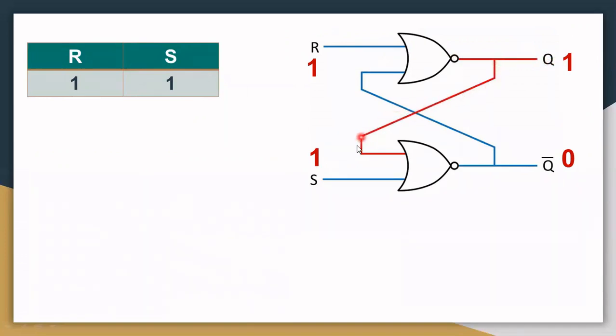Suddenly, this Q comes here, 0 and 1, 1 here. 1 here means it's inverted to 0. That means suddenly Q dash is equal to 0. It is fed to here, 0 and 1, 1 here. It changes to 0. That means it tries to change its output state continuously. Therefore, this is an invalid case.